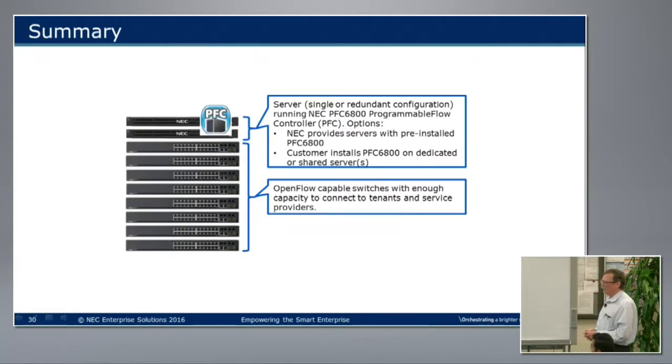Okay, so this is the physical view of the solution. It's a stack of hardware. At the top, there are 1 or 2 servers that can be NEC servers. We can provide the SDN controller preloaded on one of our servers, so it can be installed immediately, or we can provide it as software that is installed on one of the customers' servers.